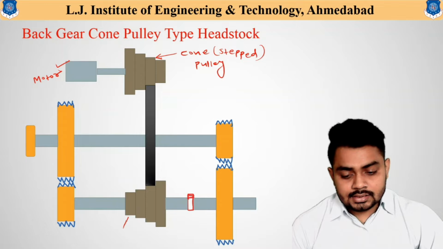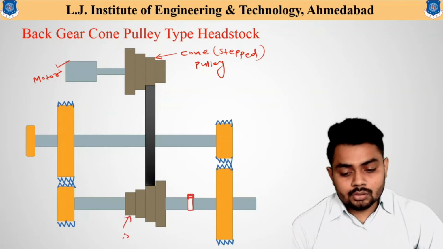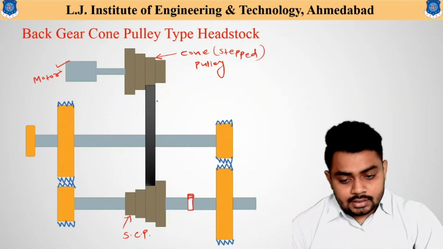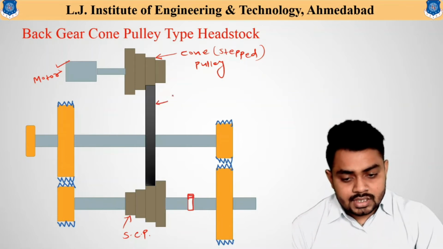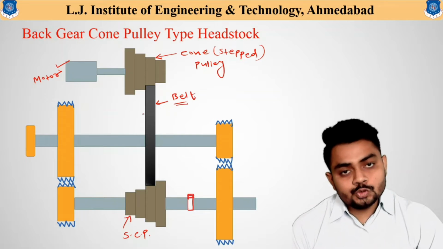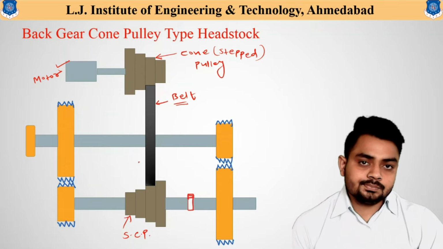Similarly over here, this is the stepped cone pulley, and this particular section shows the belt drive, or the belt which connects these two cone pulleys.